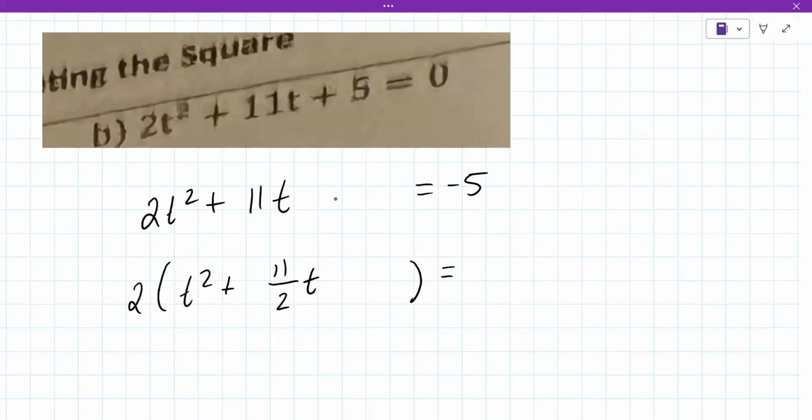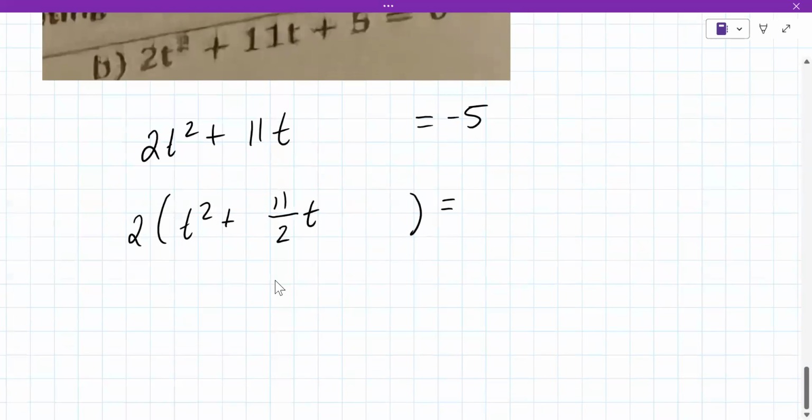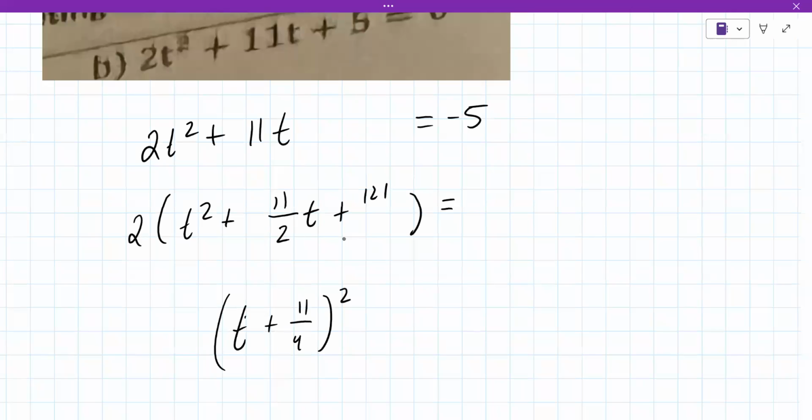So now it's just again messy. You've got to take half of this, which is another fraction, t plus 11 over 4. Then you square it. So that's 121 over 16. Then you multiply everything by 2. So you get 121 over 8. Okay.